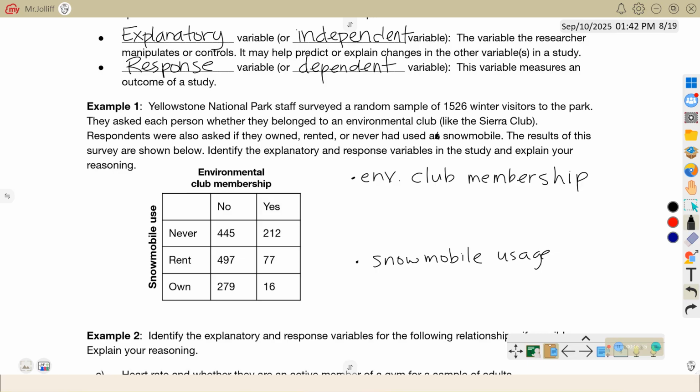Okay, show of hands who can tell me what the explanatory variable is. Yes, Drew. Environmental club membership is the explanatory. Can somebody other than Drew tell me why this might be the explanatory? Preferably somebody who hasn't spoken yet.